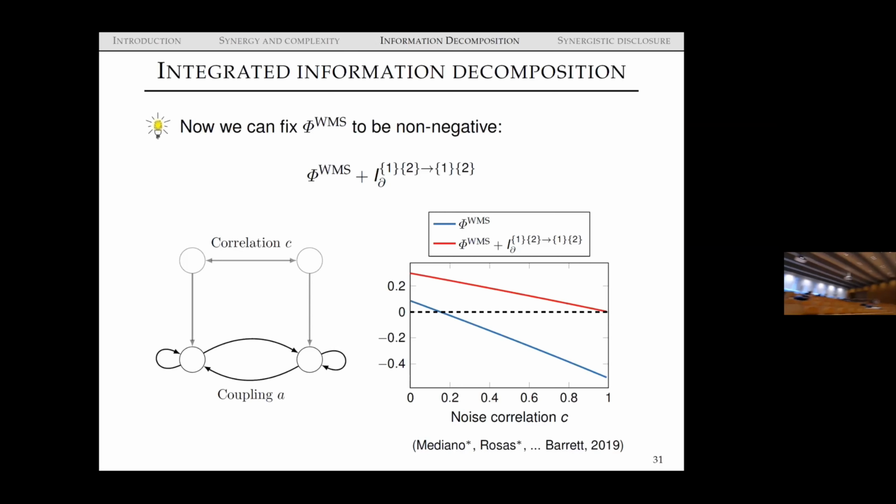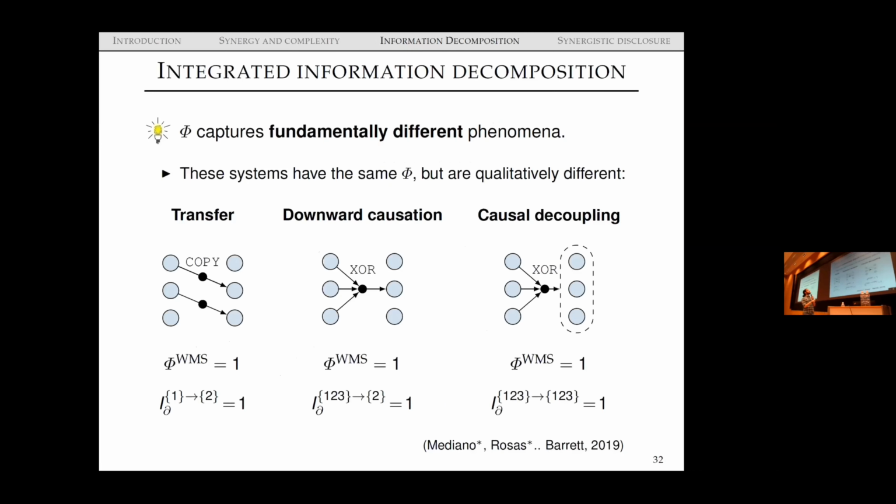Okay. So one very quick thing before I address this for the last 5 minutes of the talk is that something else that comes out of this framework is that phi typically captures fundamentally different phenomena, right? For example, here are 3 example systems that have the exact same phi, but they're qualitatively different.